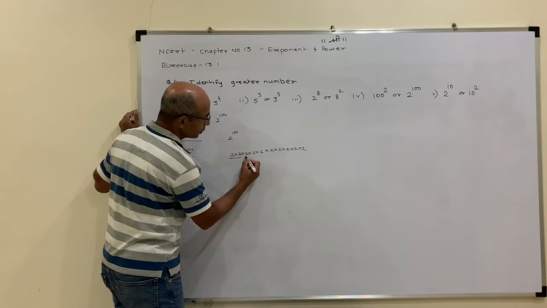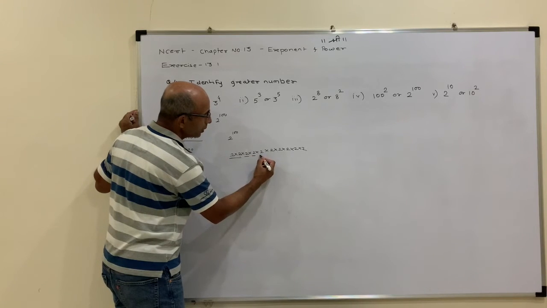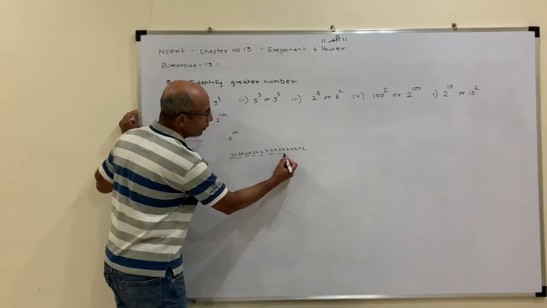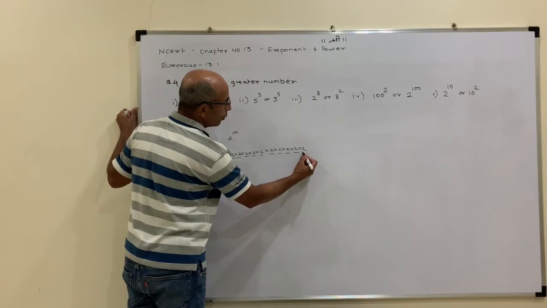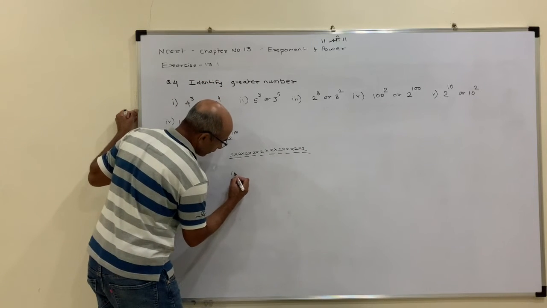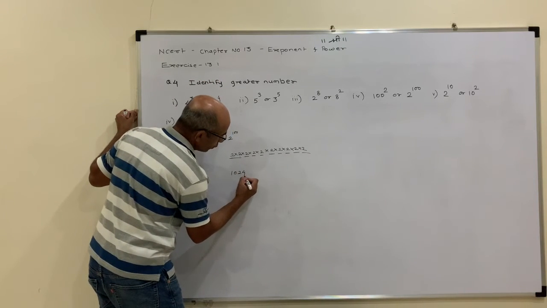So 4, 8, 16, 32, 64, 128, 256, then 512 and 1024.